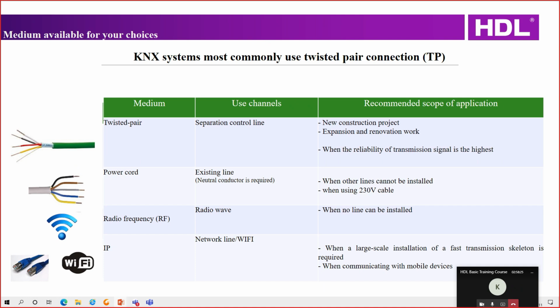You can use radio frequency when no line can be installed. You can use IP when a large-scale installation or a faster transmission backbone is required. You can have a look at this page.